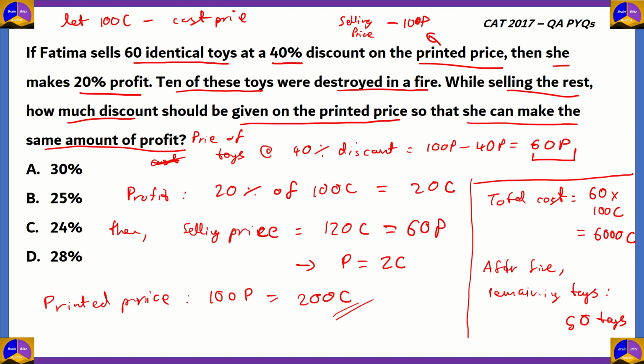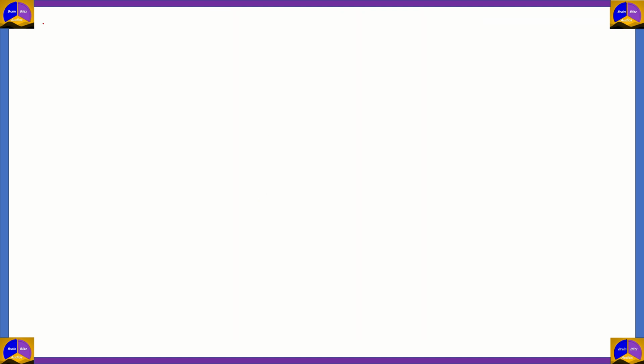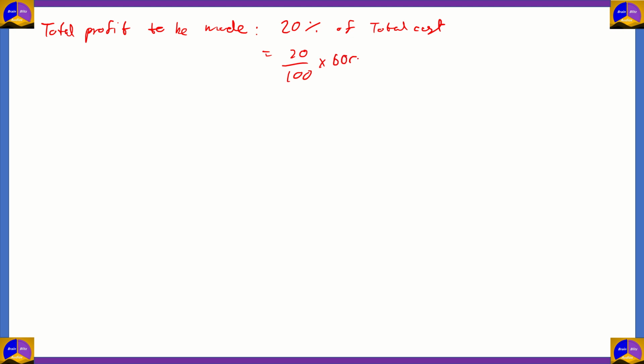However, she still needs to make the same profit. So her total profit to be made is 20% of total cost. Now that means 20 by 100 times 6,000C, if our calculations are right.